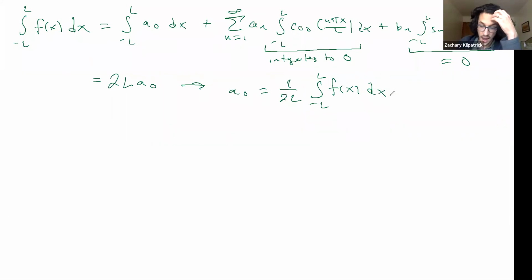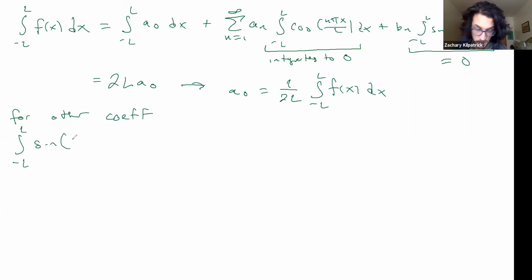The question is now, how do we get all the other coefficients? Okay, well, in order to get the other coefficients, right, we can exploit the fact that sine is going to be orthogonal to other sines of different frequency, okay?